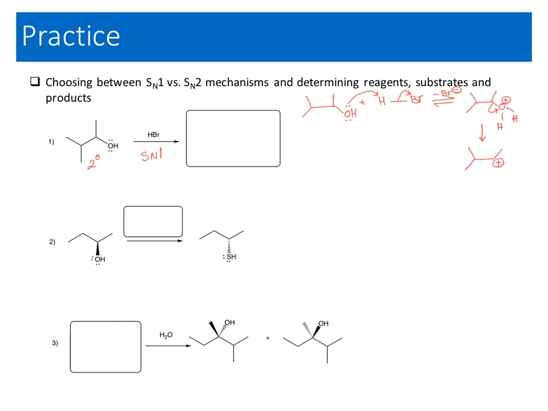Now, can this carbocation do rearrangement to become more stable? Yes. It can do an H shift to form this more stable carbocation. Then in the next step, bromine will attack the carbocation as a nucleophile to form this product.